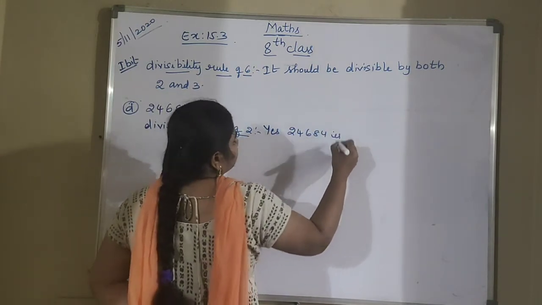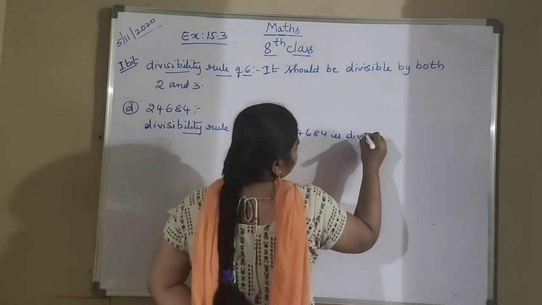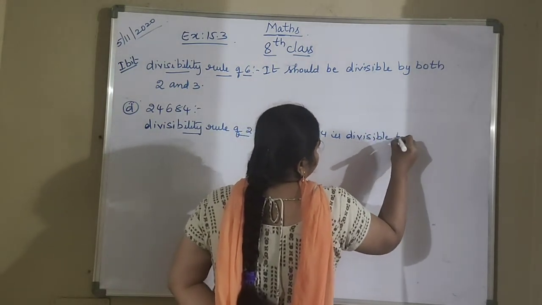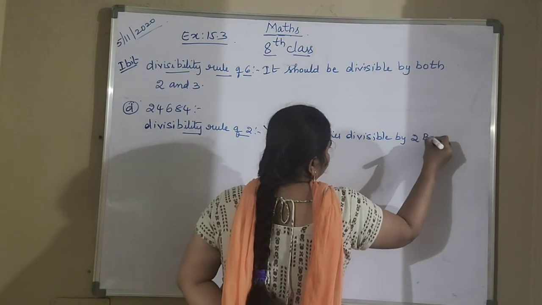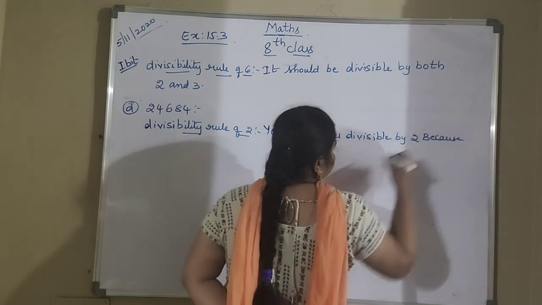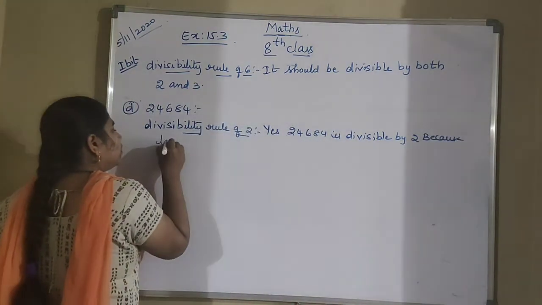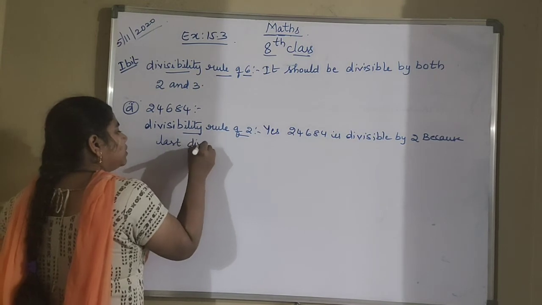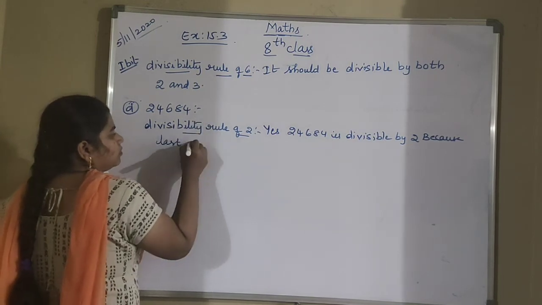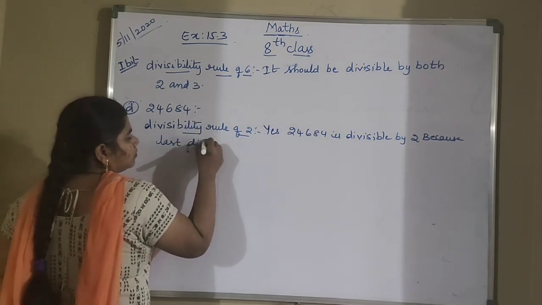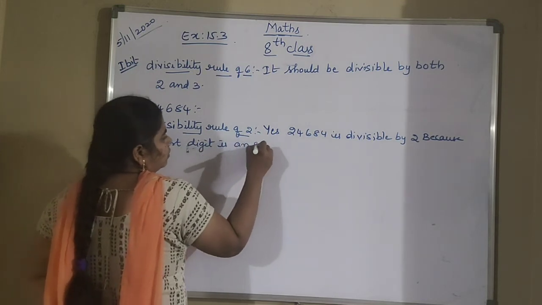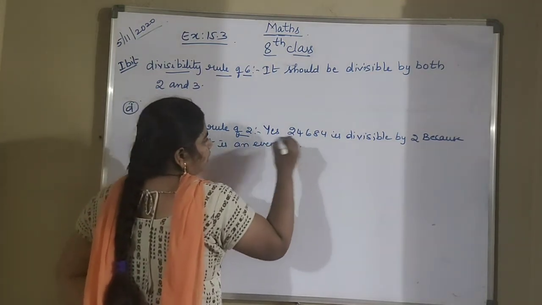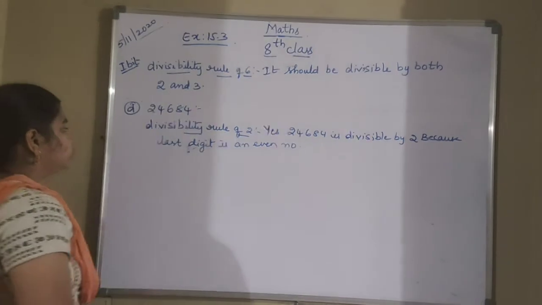24684 is divisible by 2 because the last digit is an even number. Now next is the divisibility rule of 3.